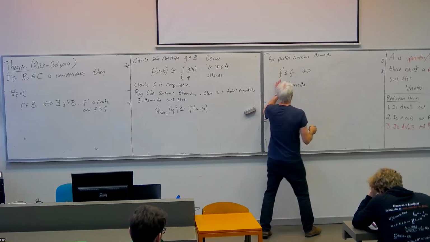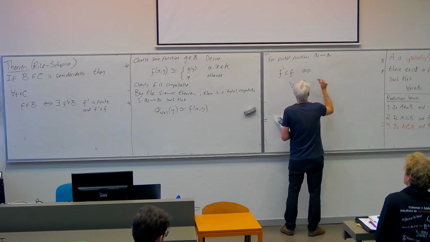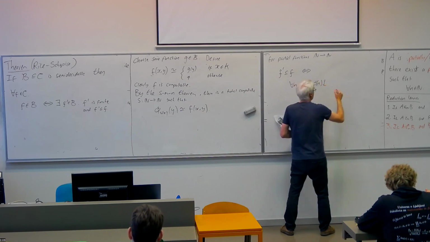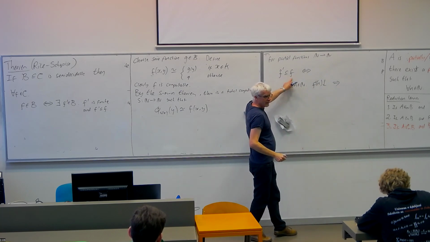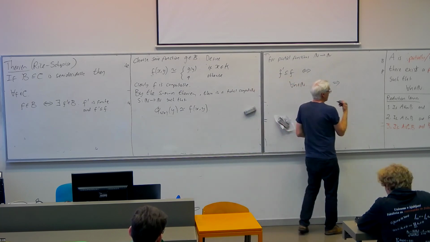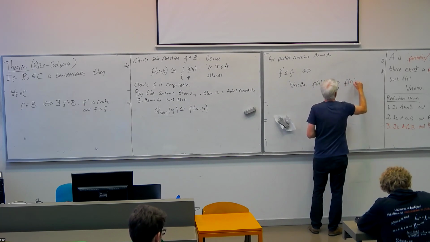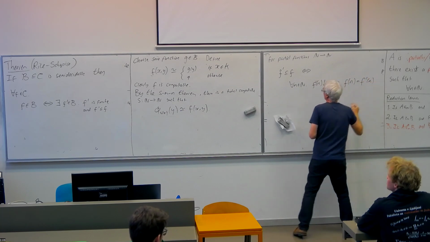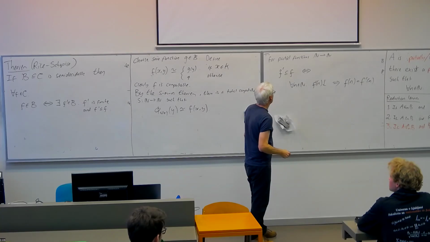So it's simply the graph of f' is included in the graph of f, but that simply means for all natural numbers, if f' is defined, then so is f, and they're equal. And because we're using equal to mean is defined, we can simply write it this way. So f of n is defined and is equal to f' of n. Can it be f' defined or f defined?